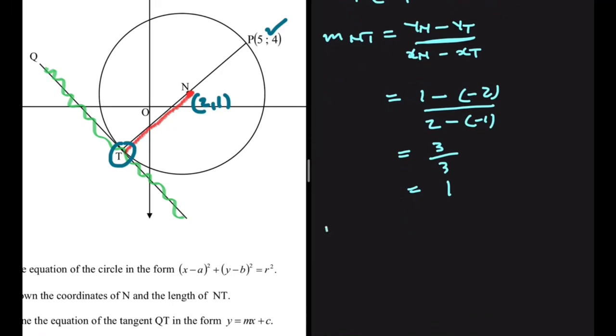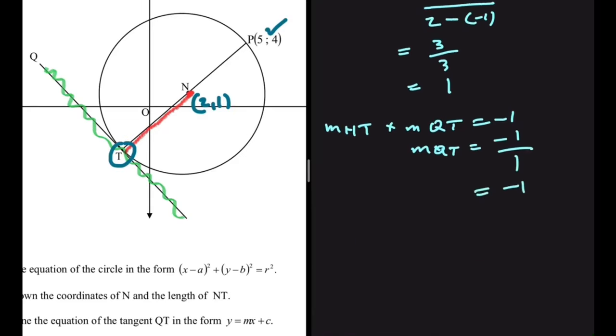Right, so now we can say that the gradient of NT multiplied by the gradient of QT is equal to minus 1. So the gradient of QT is going to be equal to minus 1 divided by the gradient of NT, which is 1. So the gradient of QT is equal to minus 1. So now we know that for the equation of the straight line of the tangent, y is equal to minus x plus c.